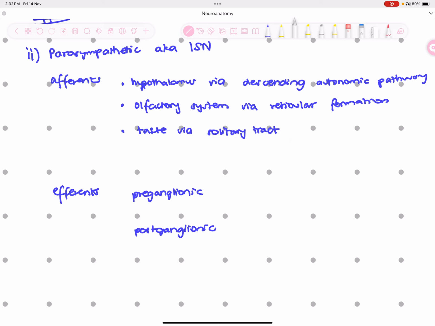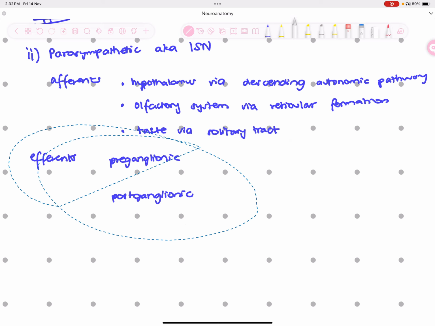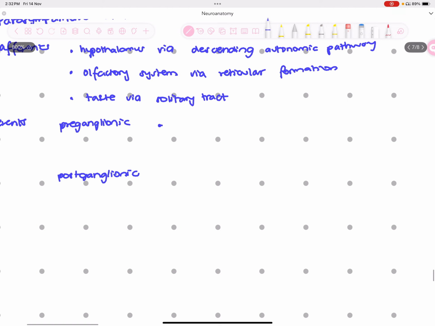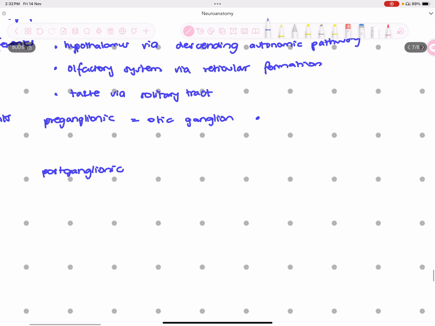And then the efferents, as I've told you, has preganglionic and postganglionic. So its preganglionic goes to the otic ganglion, and that goes in three manners. What are the three ways in which preganglionic efferents go to the otic ganglion?